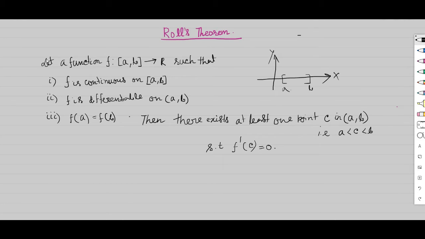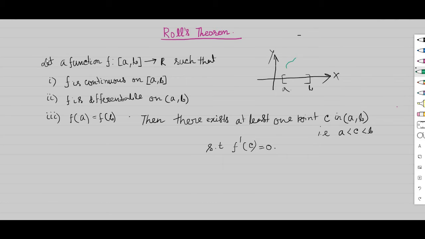We have defined one function f which is this. f is continuous on [a, b], f is differentiable on the open interval (a, b), and f(a) equals f(b). That means we have to join this curve. So I am erasing this.